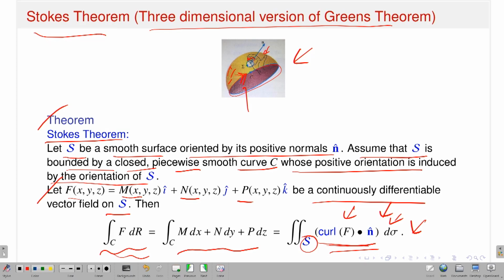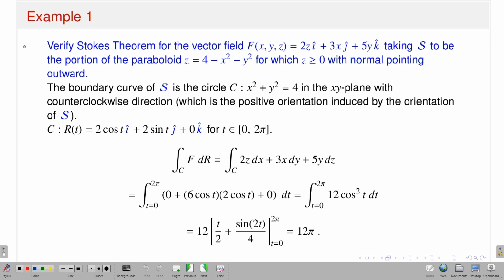So this is Stokes theorem, which you can interpret as a 3-dimensional version of Green's theorem. Let us see one example, then it will be much clearer.